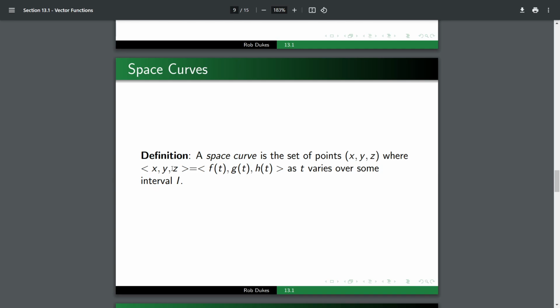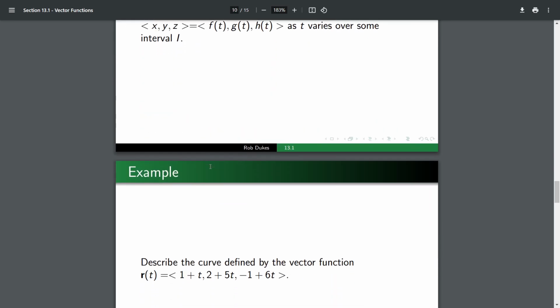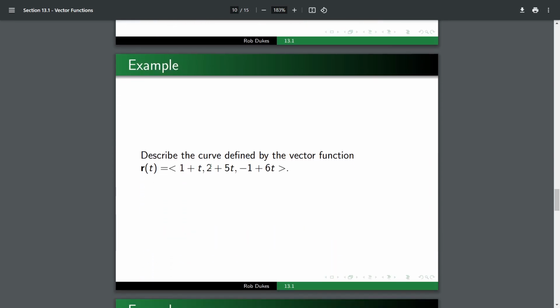So I'm going to do a couple common examples here. What is this curve? Well, if you remember what we did last week, this is a line. This is a directed line along the vector 1, 5, 6.